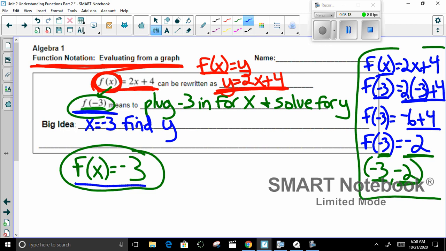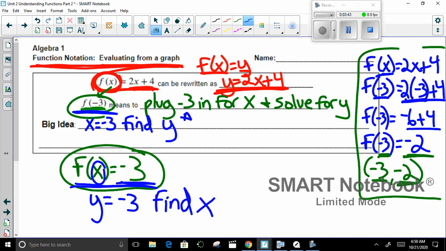In this bottom one, you have nothing in place of x, but you have a number over here. Remember, f of x is the same thing as saying y equals negative 3. So in this situation, you know that y equals negative 3, and you want to find x.